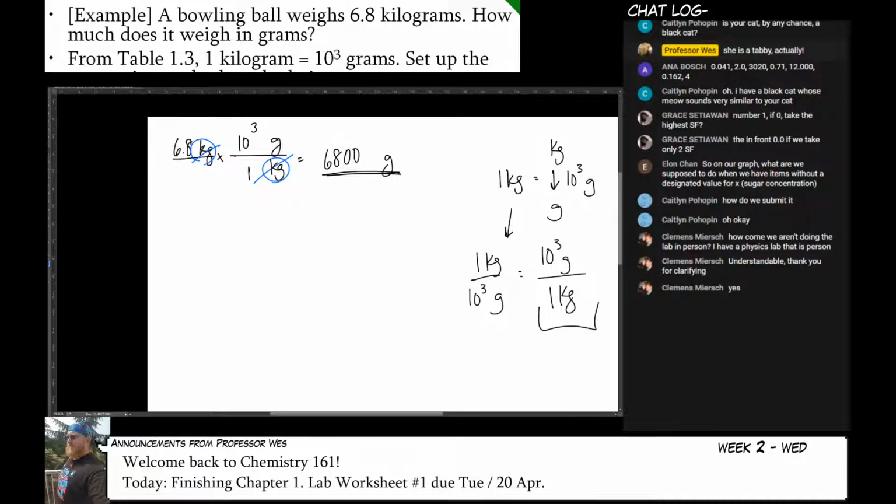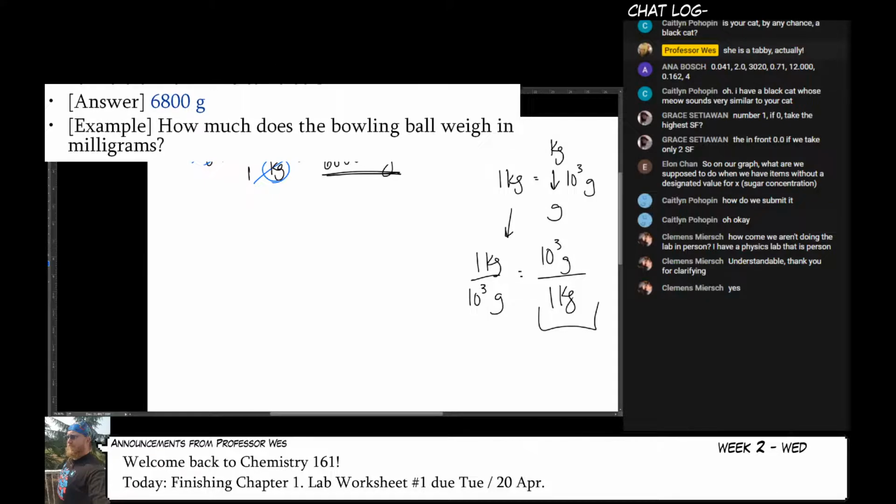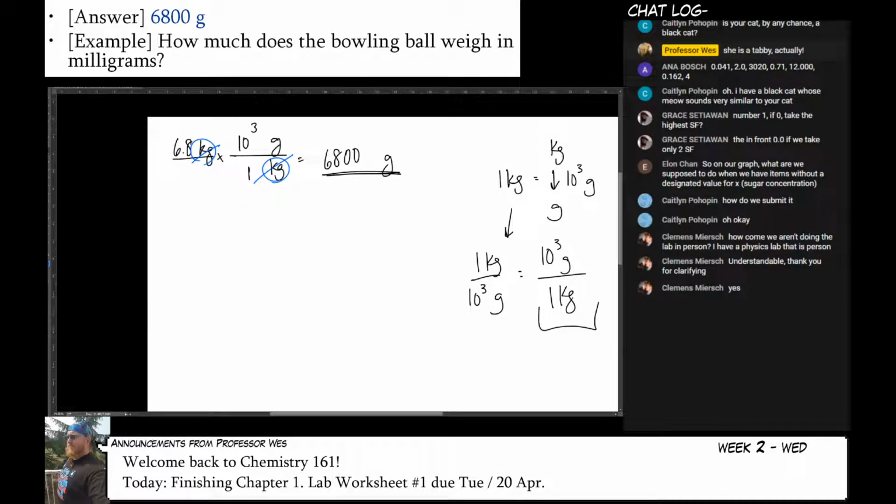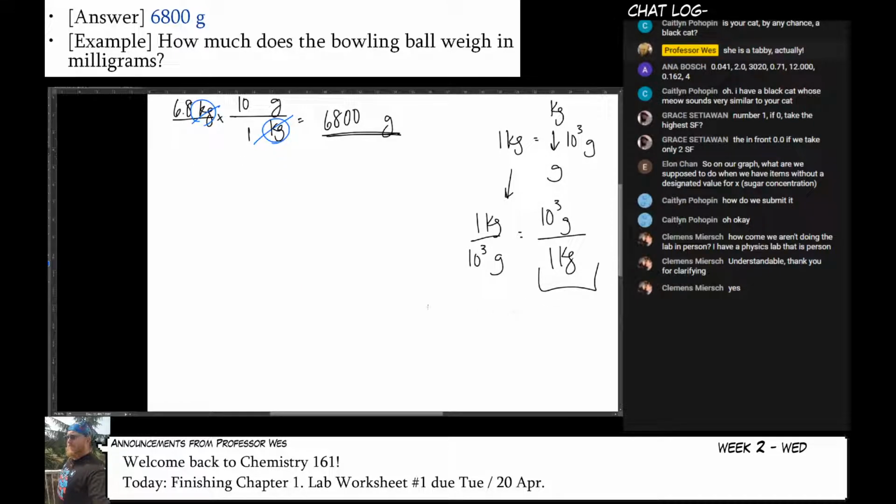All right, let's do the next question here, which is how much does the bowling ball weigh in milligrams? And we can do the same sort of procedure here, where I say, okay, well, now I have my bowling ball in grams. I can turn it to milligrams because I know that a milligram is equal to 10 to the minus 3 grams. So let's take our bowling ball in grams. And I'll just set up the units to make this relationship grams, milligrams. There you go. The grams will cancel out.